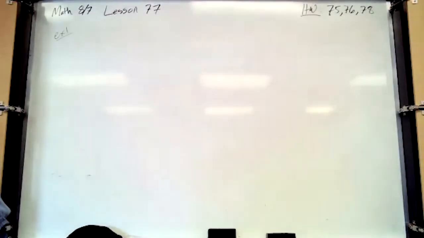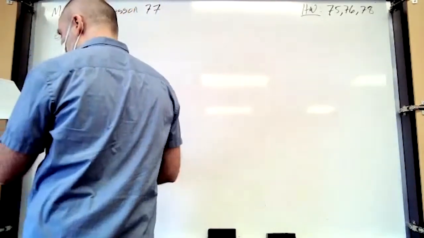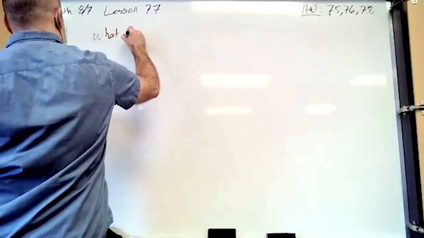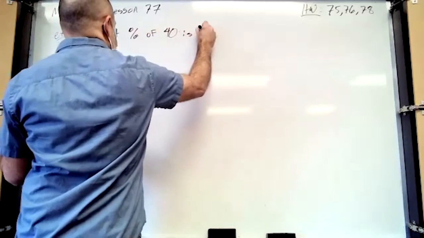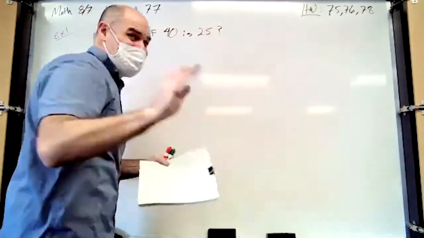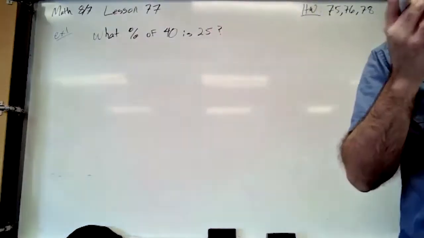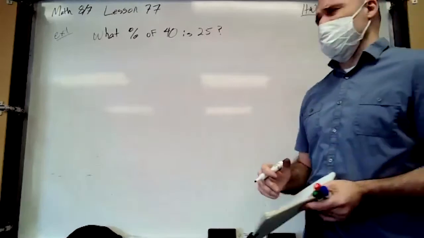I want you to translate, and then at the last possible moment, we're going to do math. So what percent of 40 is 25? Now, some of you are mathing. Stop it. Don't start dividing and trying to figure out what portion of 40 it is. Let's just translate this.